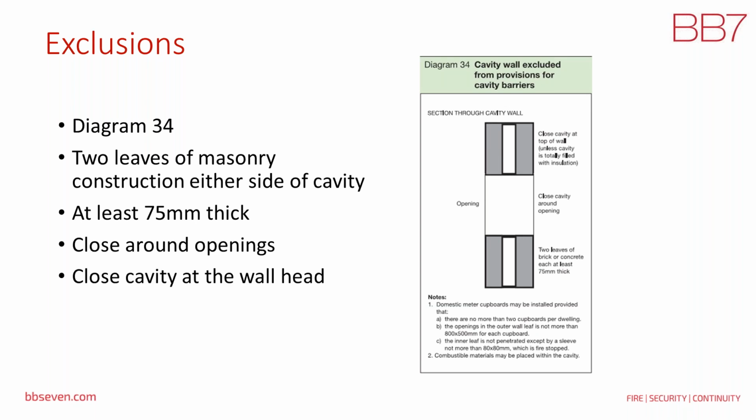Besides closing around openings, you should also close at the head of the wall. Now, the idea here is to prevent oxygen from being sourced to the fire itself. So in other words, you want to prevent oxygen being sourced to the fire. You stick a cavity closer at the head of the wall.